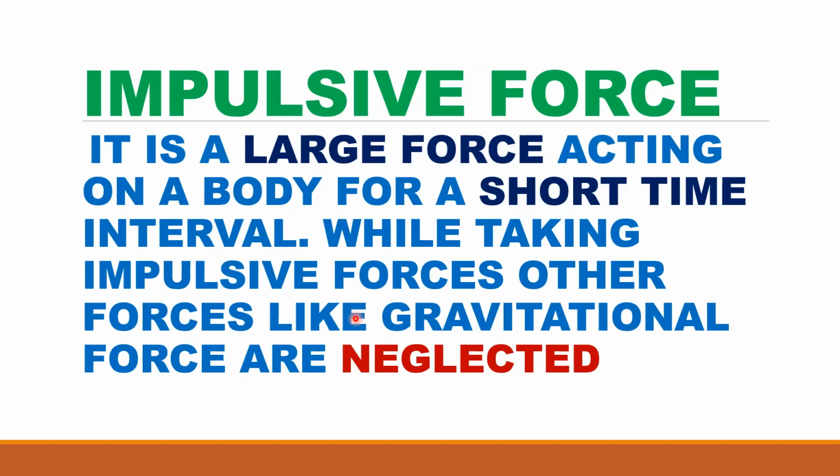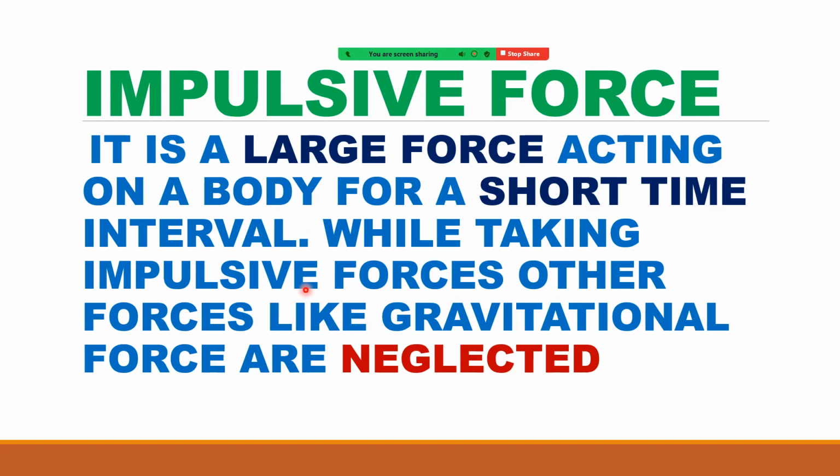In this short time interval, the force by the bat on the ball is very large. So this is known as impulsive force, because a large force acts in a short time interval. And while taking these large forces, remaining forces like gravitational force are neglected because those forces will be very small. So this is what we are going to use while solving problems.